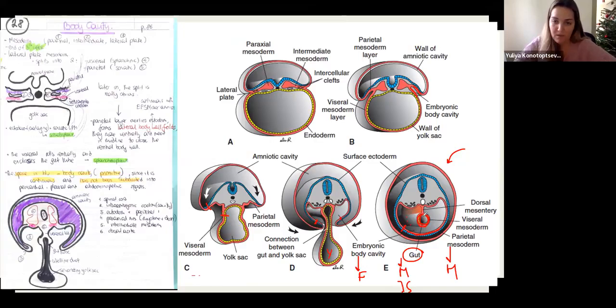But in the midgut region, the 2 somatopleures cannot fold together because the yolk sac is still there. This is approximately the 4th to 5th week, and your yolk sac is still a hematopoietic organ. We can't just cut it off, so it stays as it is, and there is still a connection between the midgut and the yolk sac via the vitelline duct.